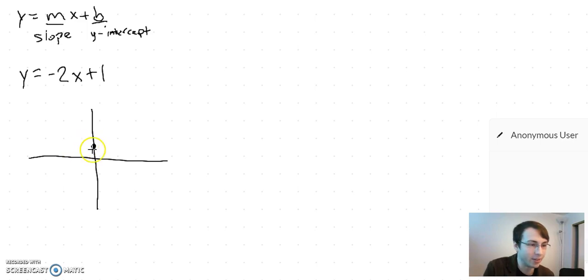We go down 2 instead of going up 2. So we go over 1 and go down 2. So we'll just say this is 1. And going down 2 from 1 originally, 1 take away 2, you get down to -1. So our line looks like this.